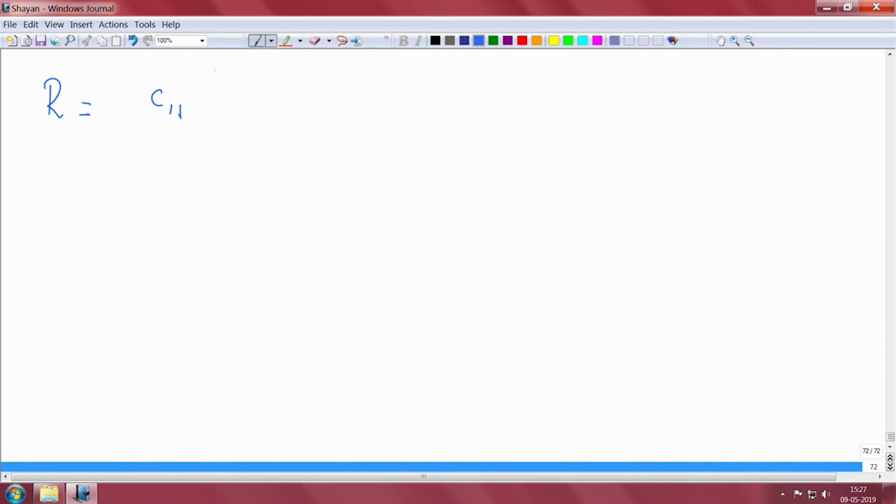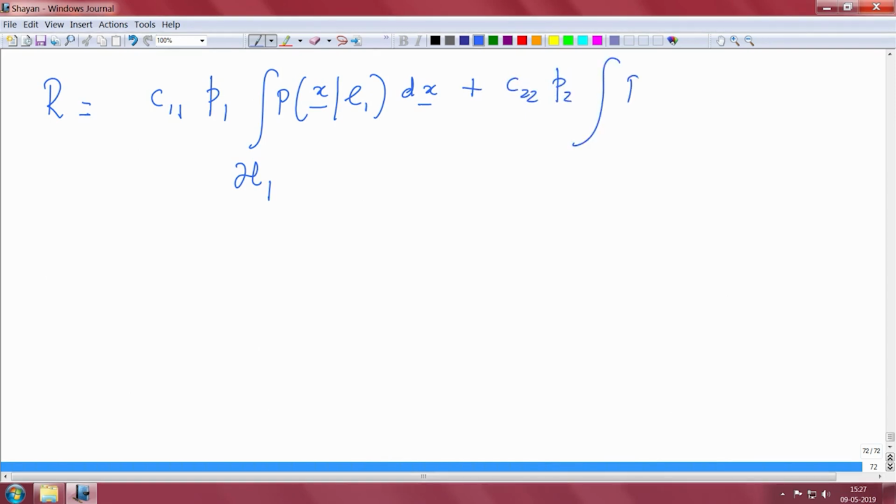So, it is going to be C11 times P1 times the integral over space H1 of p of x given C1 dx, plus C22 P2 times the integral of p of x given class 2 dx, and this observation space is H2, and you can say this is H minus H1.